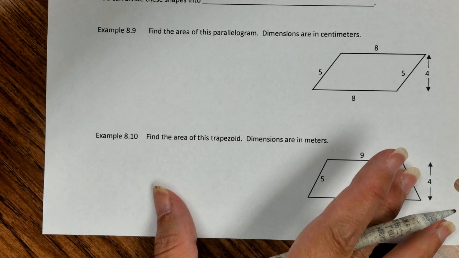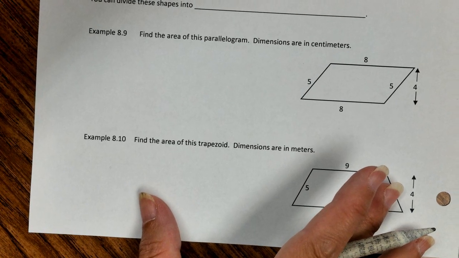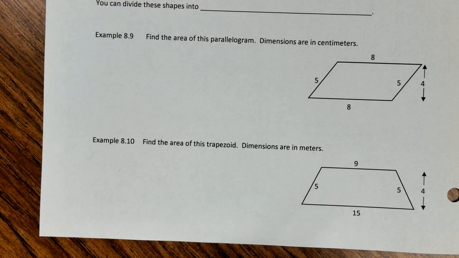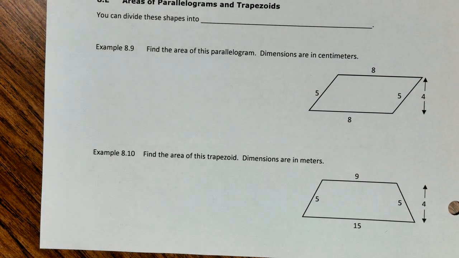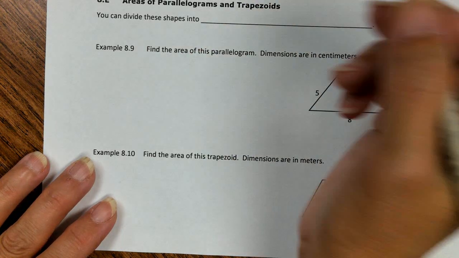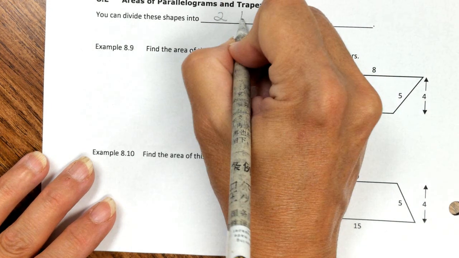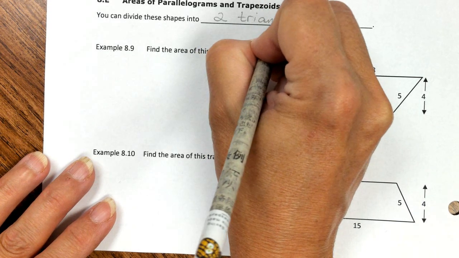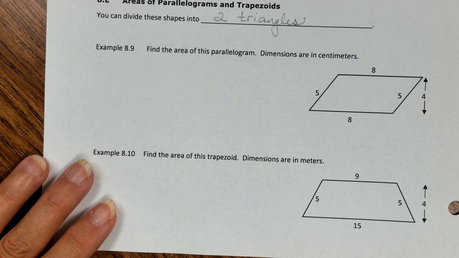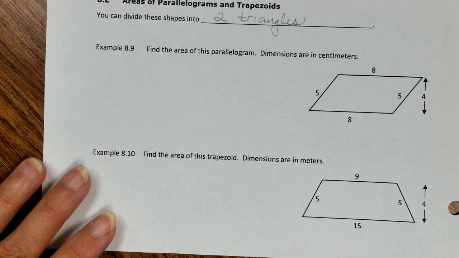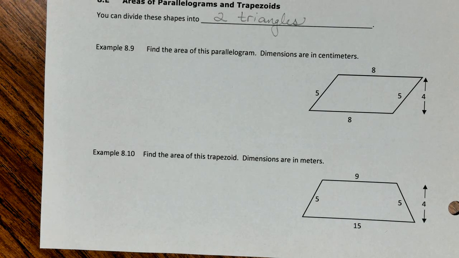Okay. Last section in these notes is about parallelograms and trapezoids. And you can divide these shapes into triangles. 2 triangles. Alright, so the area of a parallelogram is the base times the height.